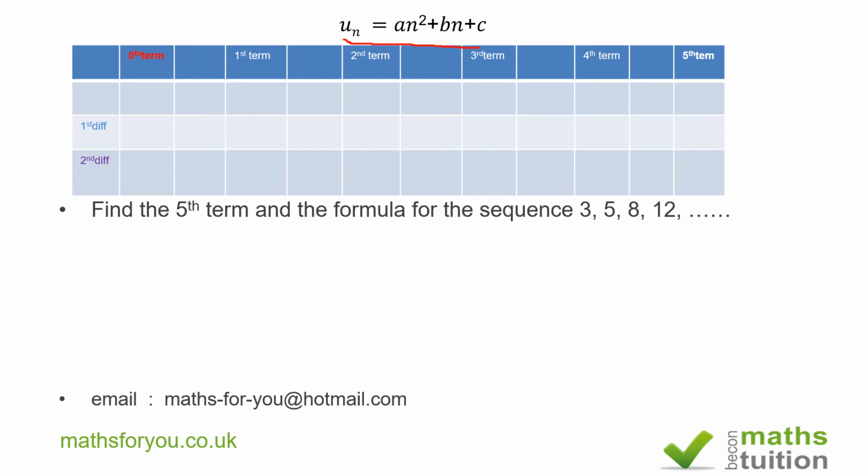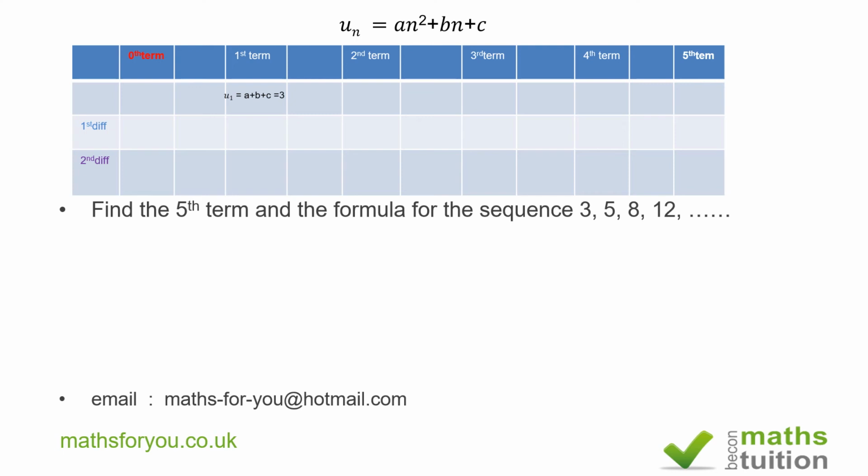As usual, I've got my zeroth term there, which we have to find. So u sub 1, when n is 1, we've got a plus b plus c, which is 3. So u sub 1 is 3.